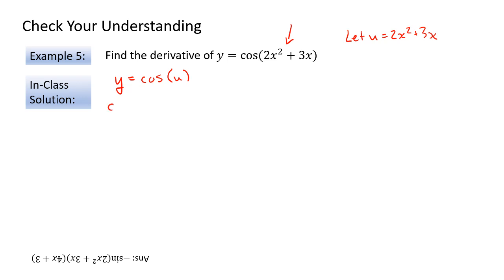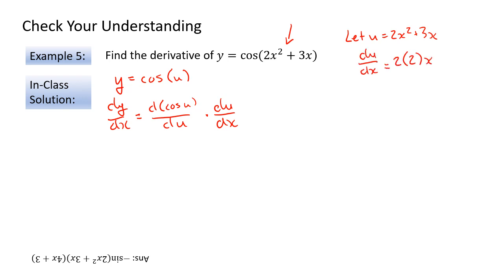Now using the chain rule, dy by dx is equal to the derivative of cosine of u with respect to u times the derivative of the function u with respect to x. So if we take the derivative, du by dx is equal to 2 times 2x to the 2 minus 1, plus the derivative of 3x, which is simply 3. So simplifying, we get 4x plus 3.